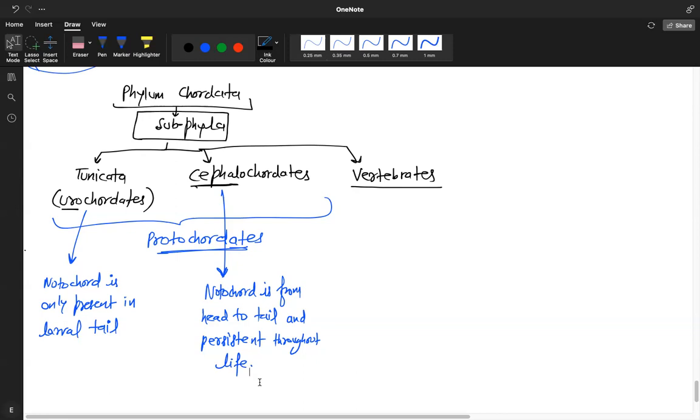So it's a complete notochord and it stays throughout life. In urochordates, it's only present in the larval stage and also only in the tail of the larva. Then how are cephalochordates different from vertebrates? They look like true chordates, right? So cephalochordates are true chordates, but they are not vertebrates. What do I mean by that?